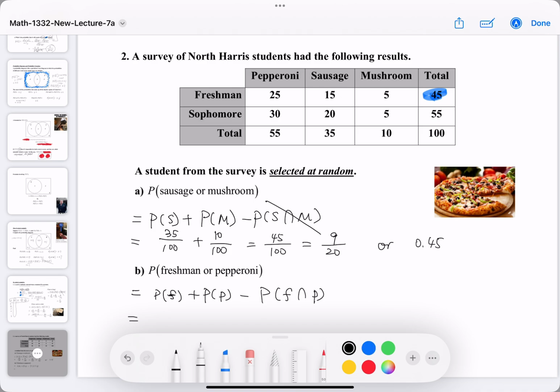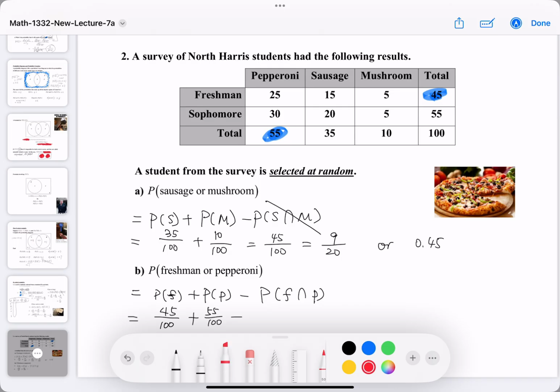So we are using 45 over the sample space number, 45 over 100, plus probability of pepperoni. Pepperoni, totally we have 55. It is 55 over 100 minus the overlap. Do we have overlap between the freshman and pepperoni?